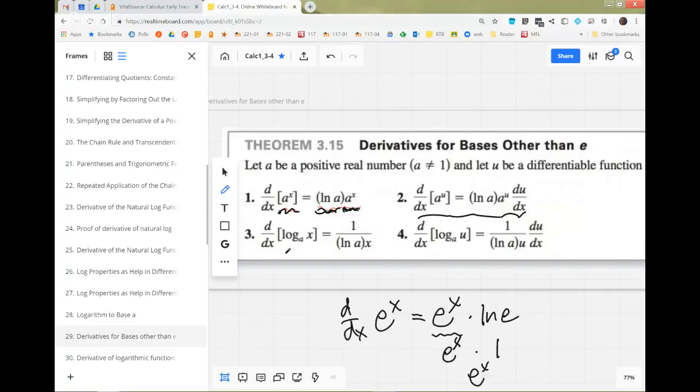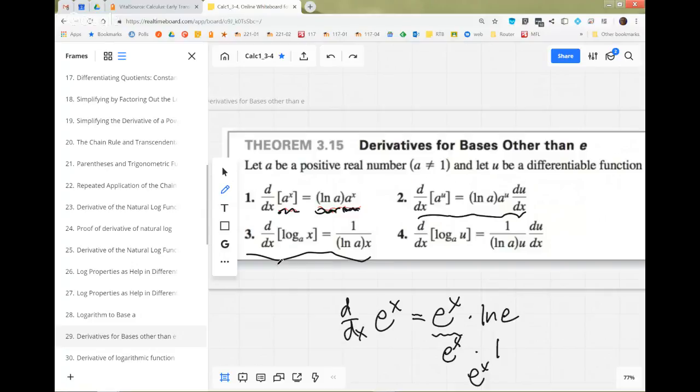That's all that's saying. Number 3, all right, what if you take the log to any base, a, not just the natural log, but to any base. The answer is, just like before, remember what's the derivative of the natural log? 1 over x.